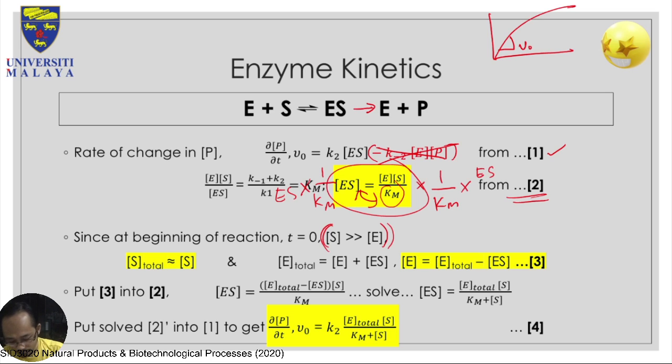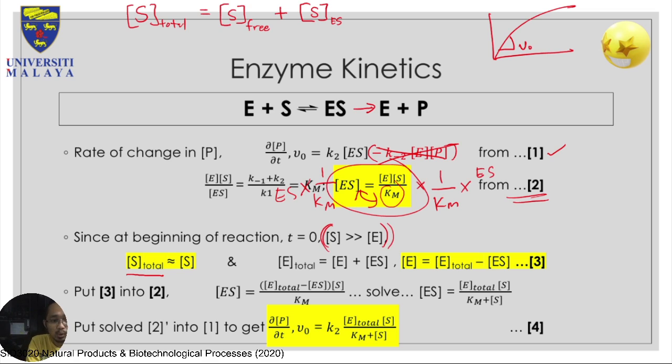When you consider the total S at any particular time, the concentration of S total at any given time is the concentration of substrate which is free, plus the concentration of S which is forming the ES complex.